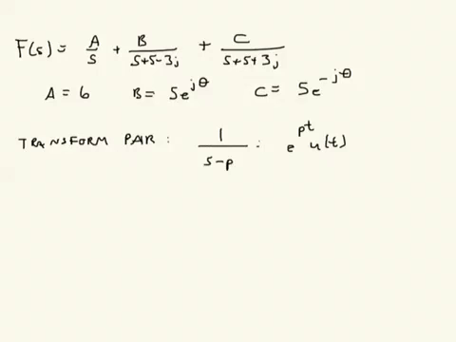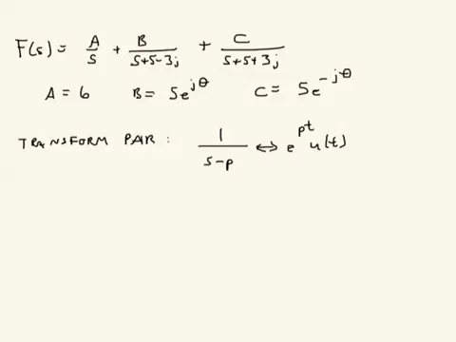Sorry, that's not an equals, that's an inverse transform. Now each of these terms is of this form. It's a single pole. In this case, the pole's at 0. Here the pole's at minus 5 plus 3j. Here the pole's at minus 5 minus 3j. So I can just easily write the inverse transform of each of those terms.